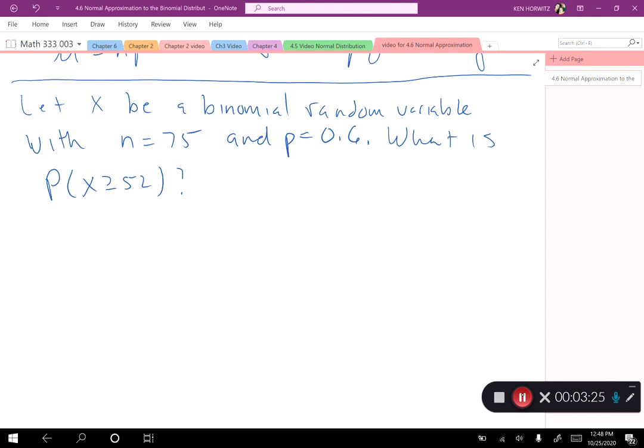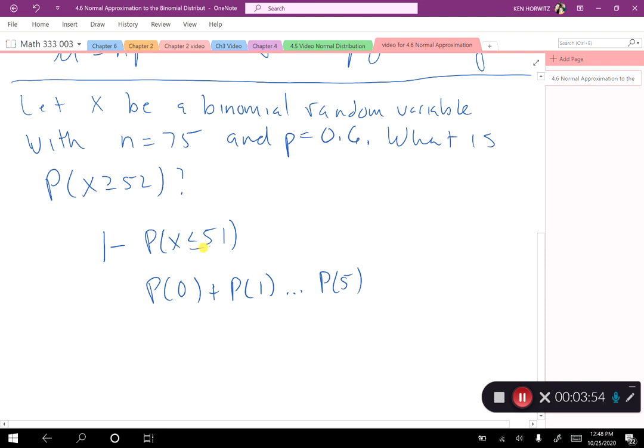Now, when we did this as a binomial, I started by saying the probability that x is greater than or equal to 52 equals 1 minus the probability that x was less than 52. And then to get that, I needed the probability of 0 plus the probability of 1, all the way up to 51.